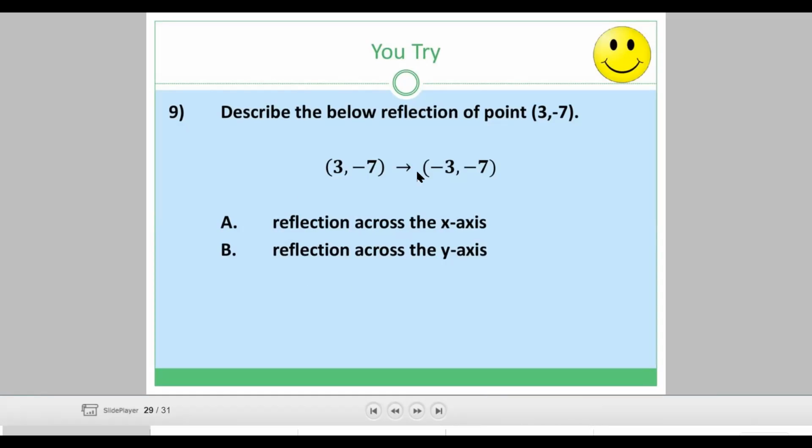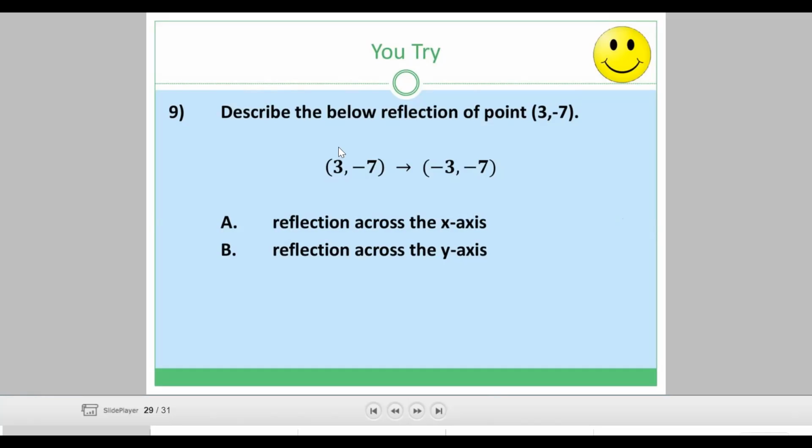Now, why is it B? Because when you reflect in the y-axis, the y value stays the same. The x value, if it is positive, becomes negative. If it was negative, it becomes positive. So I'm repeating that again. If you have a reflection in the y-axis, your image and your object will have the same value for y.